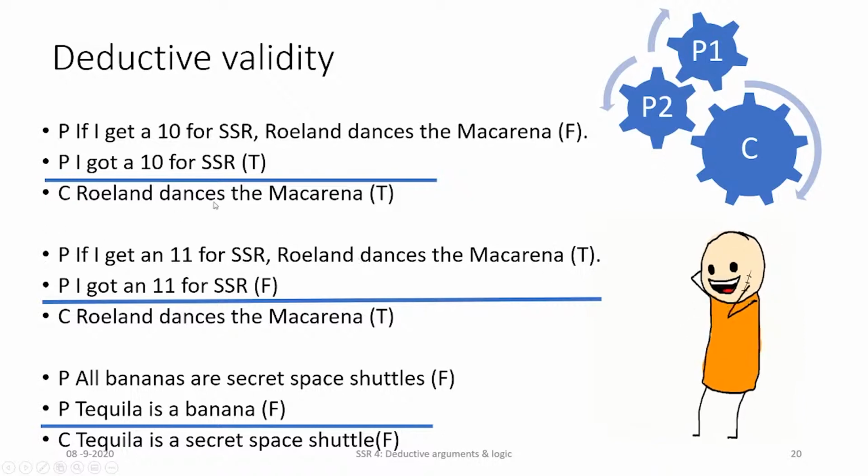So we can assess that first premise to be factually correct. But it's impossible for you to get an 11 for SSR. So you know that the second premise is factually incorrect. It doesn't matter if we look at deductive validity, because then we assume the premises to be true, and if we assume the premises to be true, would the conclusion have to hold? Yes, in this case, again, the conclusion would have to hold.